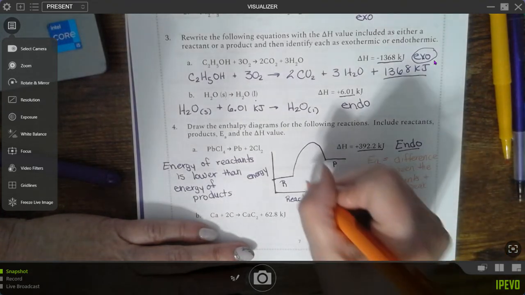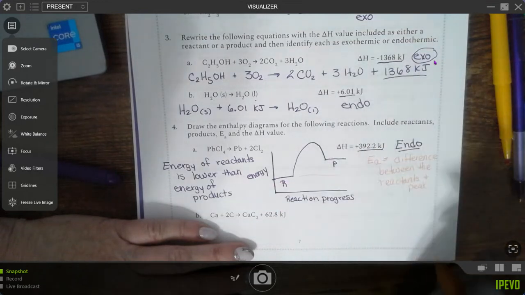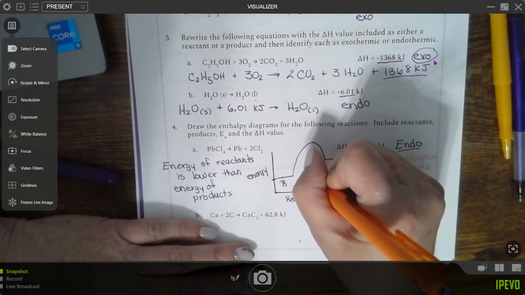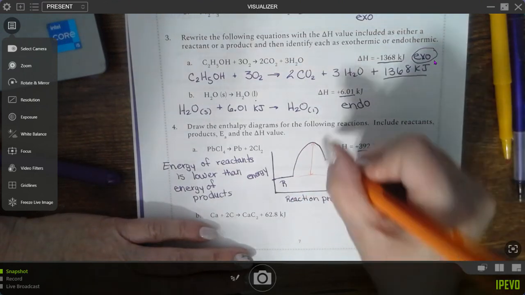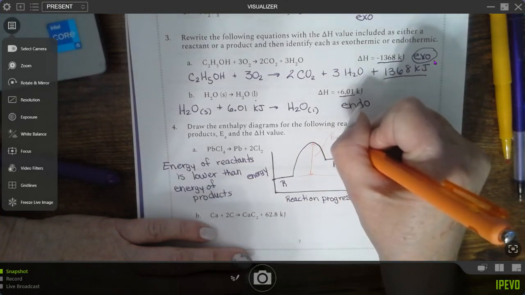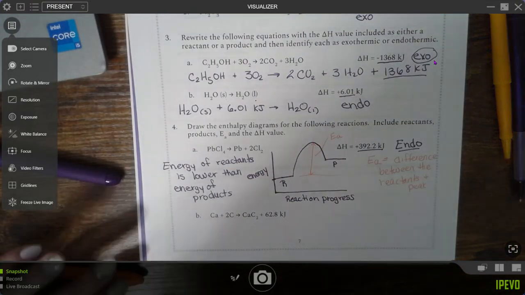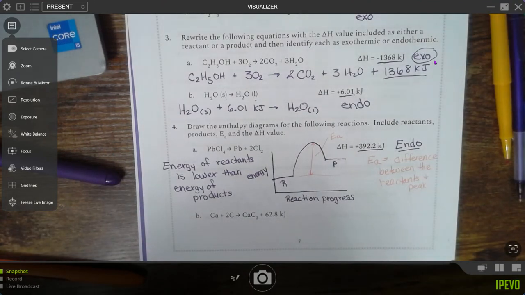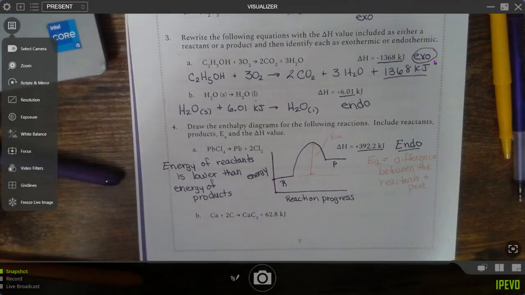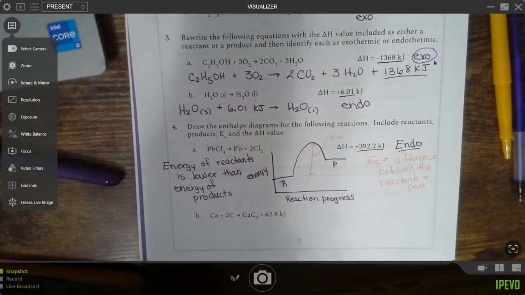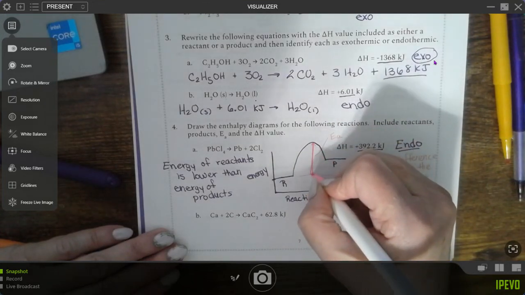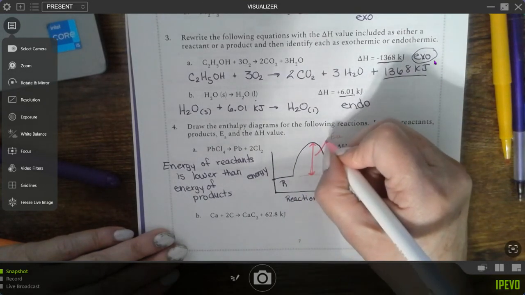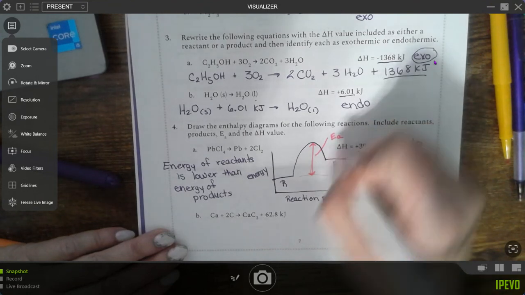Okay, so if I'm looking at this graph, the activation energy is from the level of the reactants all the way up to the peak of our graph. That's our activation energy, which we specify as E sub A. Okay, and then the other thing that we need to make a note of on our graph is the change in enthalpy. Okay, let me make this a little bit darker. It's hard to see. Okay, so activation energy is from reactants to the top.